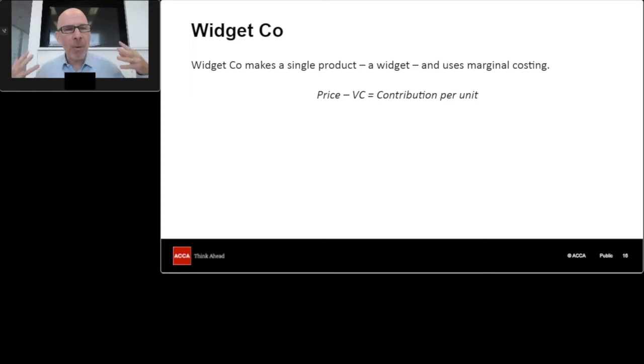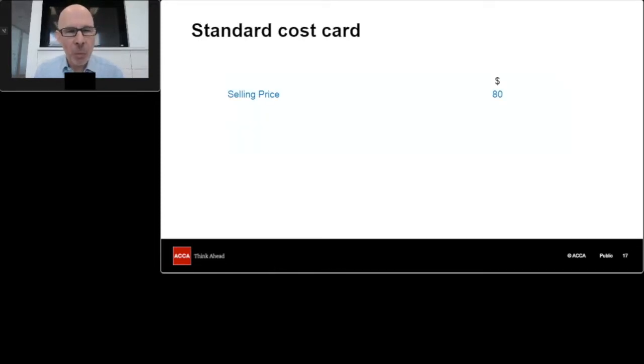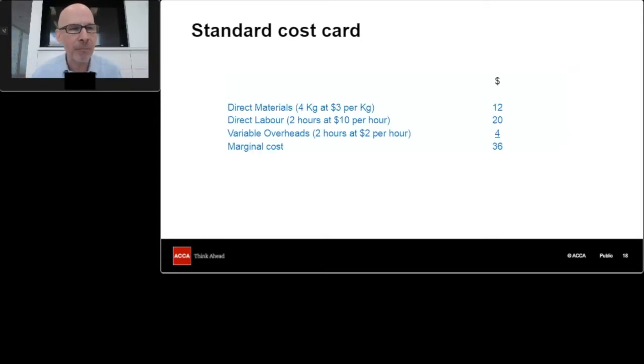So you remember marginal costing, price minus variable cost is contribution per unit, okay? And we have a standard cost card for this company widget, guys. And we have a selling price of $80, okay? That is the selling price that we expect to achieve in the coming period.